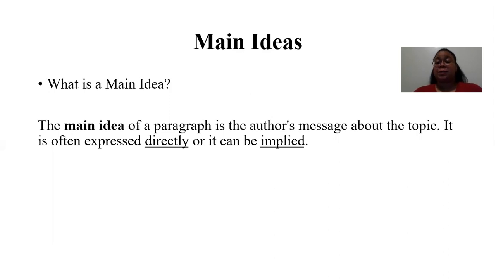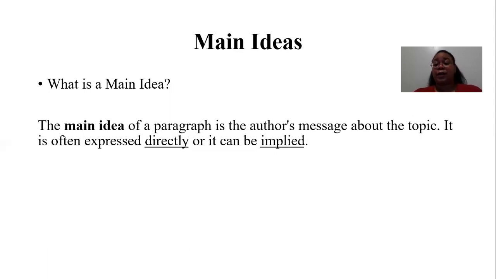We said when it's expressed directly, let's just use for an example, a flower. If we said there is a red flower, that is directly telling us what color the flower is. An example of implied would be something like, the flower was the same color as a fire truck.